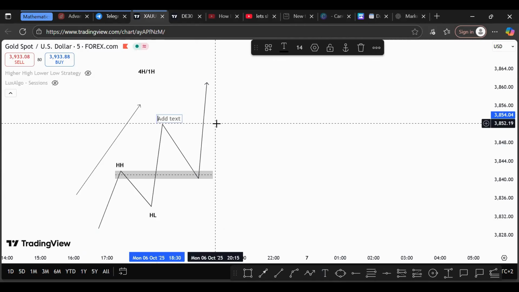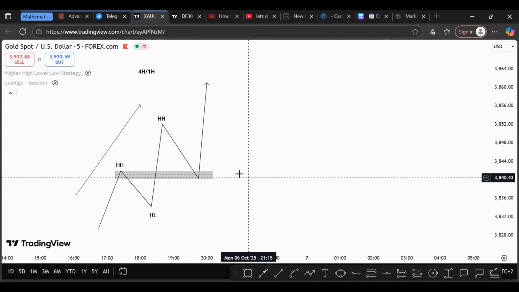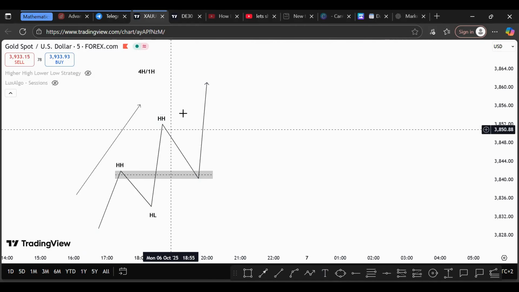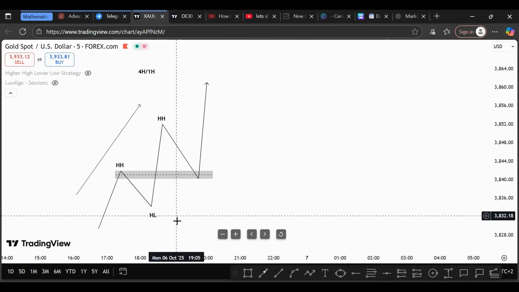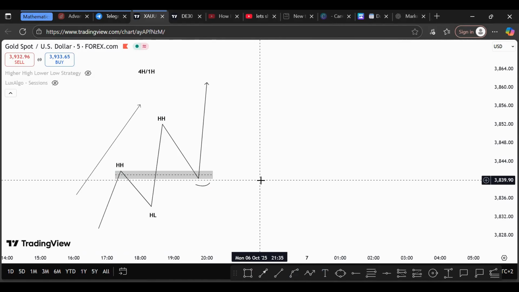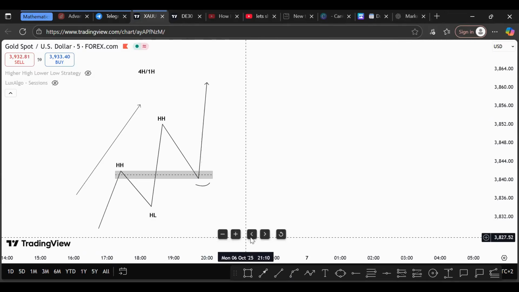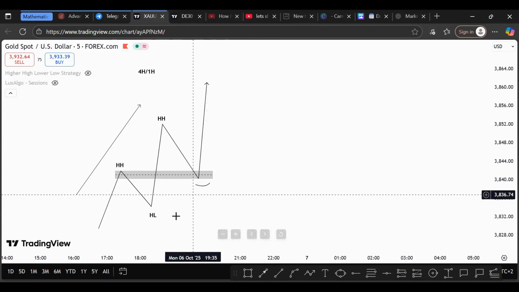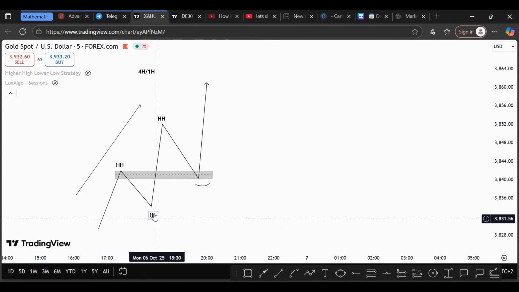Now the market has to come back to create another higher low at this point, and the market does that and creates a higher low.